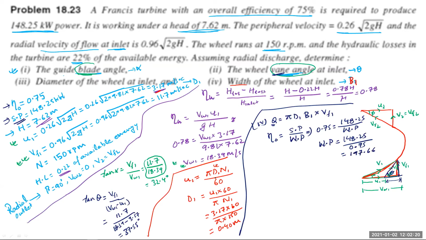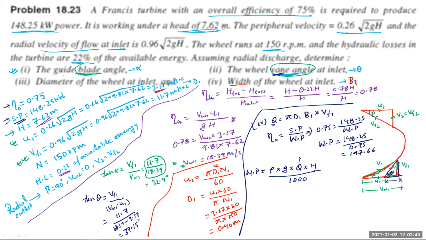Now, what is the formula for water power? We know water power is rho into G into Q into H divided by 1000. Okay, so now substitute those values.